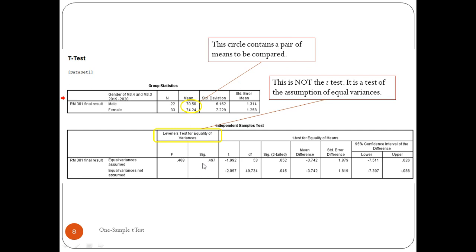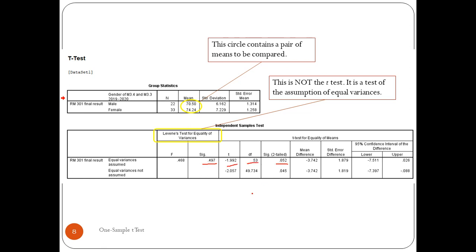The next step is to decide on the t-value, degrees of freedom, and p-value for the t-test. Since both group variances are not different, we are going to use the data in the first row.